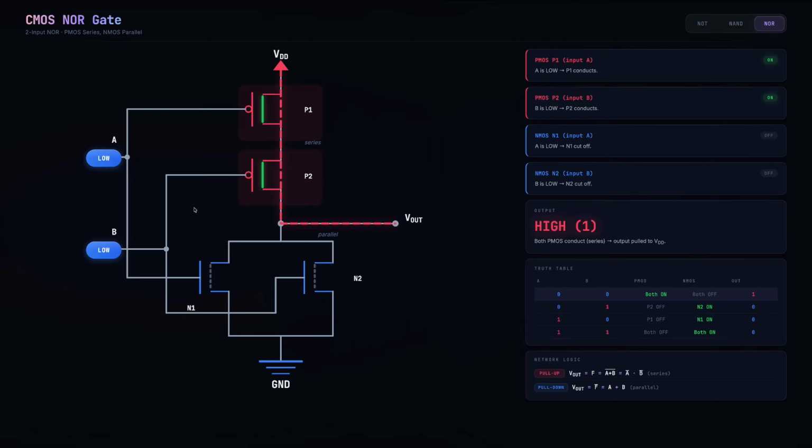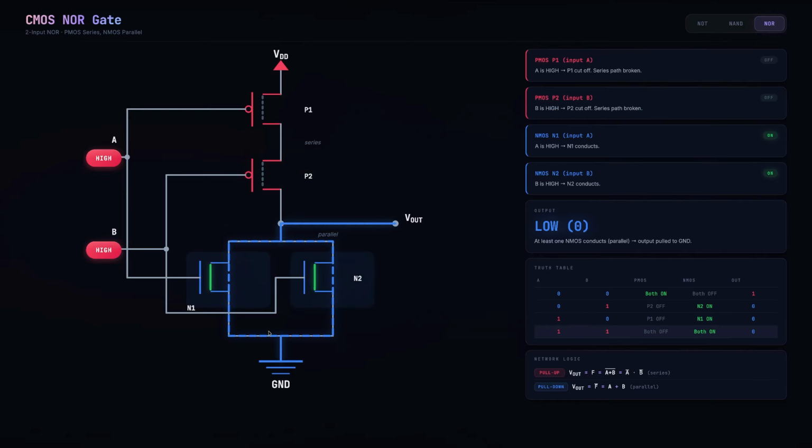And so if I change one of these to high, notice what happens. One of these transistors on the lower half of the circuit is connected to A, so when A is high, this transistor is on and we have a path to ground. So the output would be a 0. It turns out if either one of them is high, we have a path to ground. We can tell that by the structure of the parallel paths in the circuit.